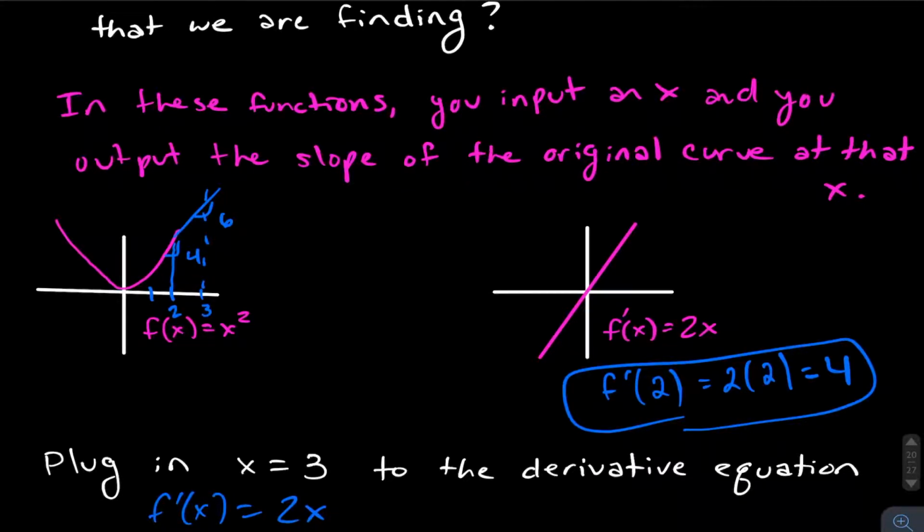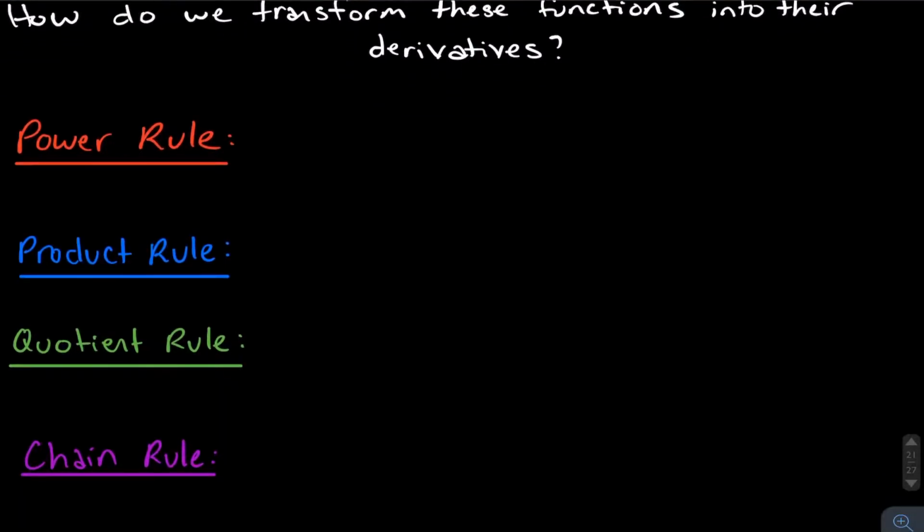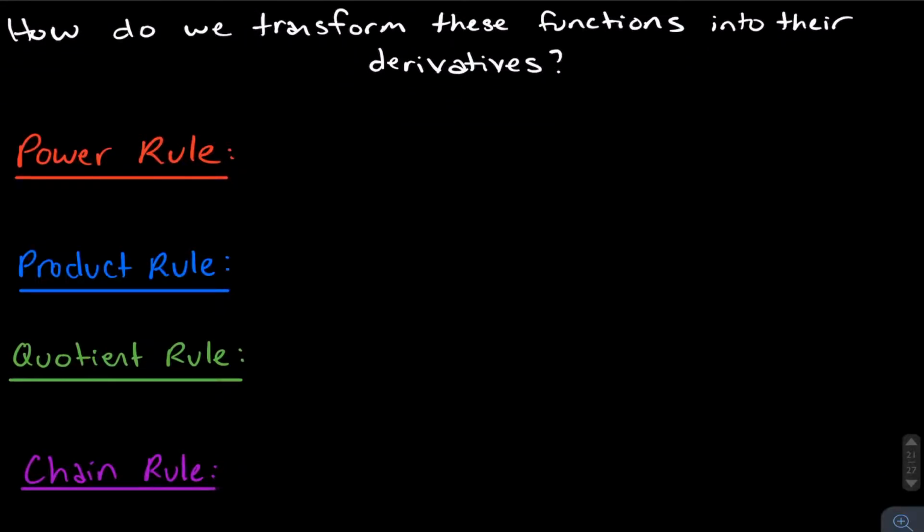That's the idea. So how do we transform these functions into their derivatives? Well, we use a bunch of different rules, okay? And of course we have some other derivatives too, like e to the x, natural log of x, and the trig functions, things like that. But there are some rules that we use for just pretty much everything else.